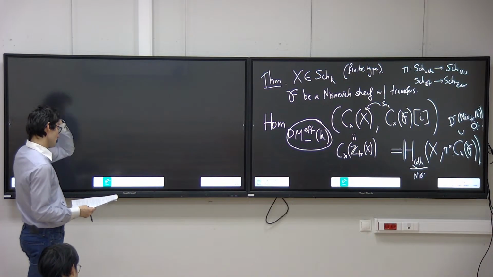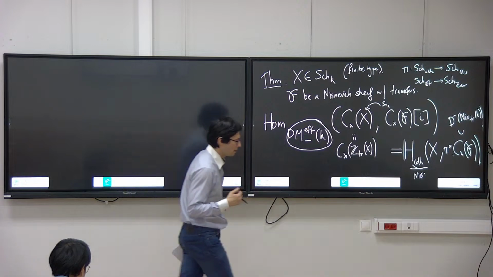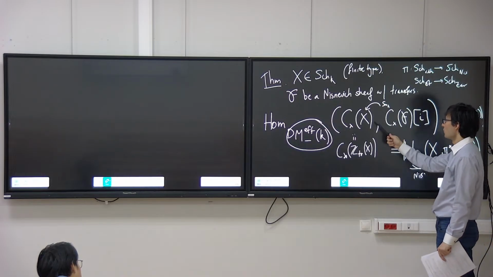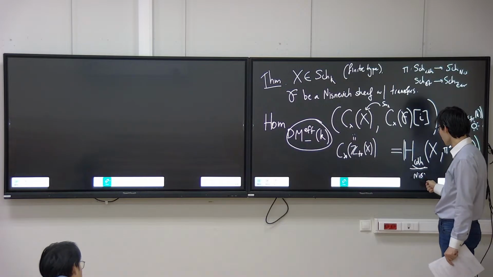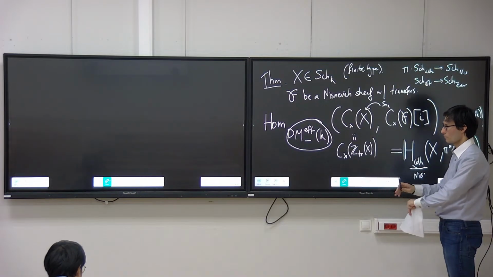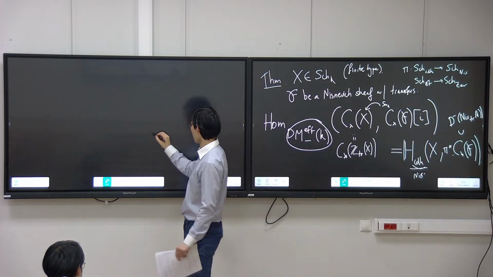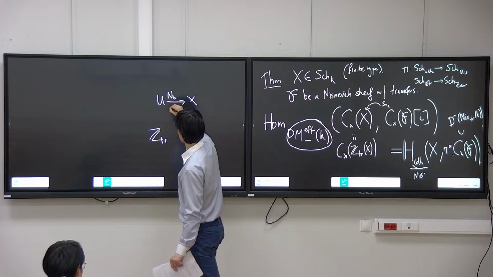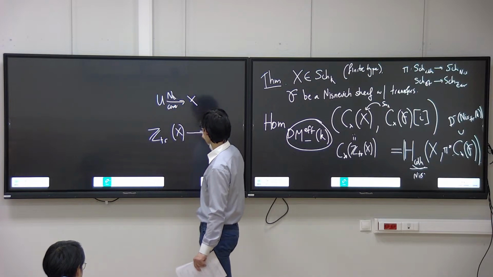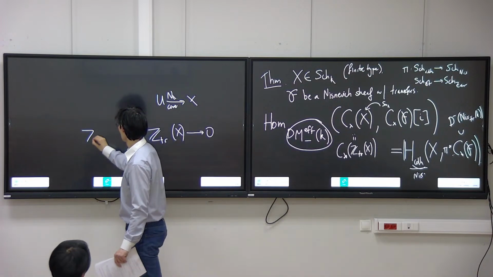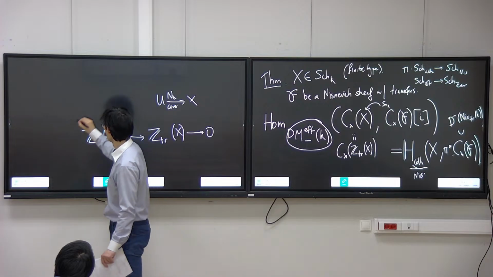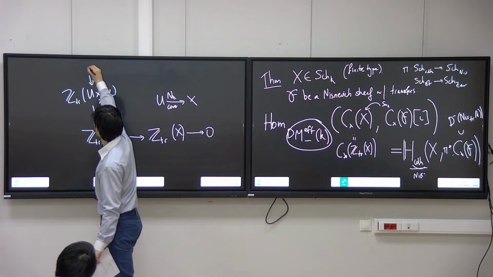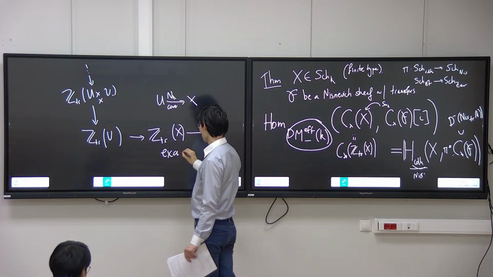We won't prove it, but we did prove some version of this in the smooth setting when we had the Nisnevich topology, and there it was related to the fact that if I have a Nisnevich cover U to X, then the Čech complex that results from the complex Z_tr is exact.